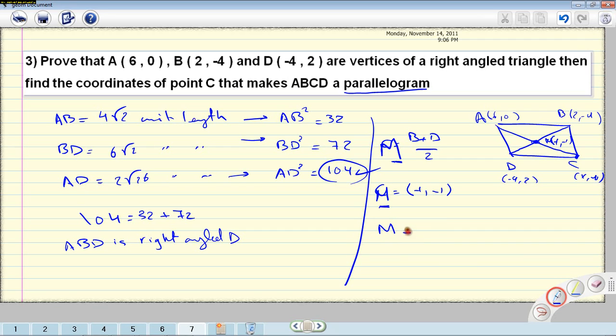M is the midpoint of AC, so M equals A plus C over 2, which means that -1 and -1 equals 6 plus X over 2 and 0 plus Y over 2. Then we get X and we get Y. X here would be -8 and Y is -2.